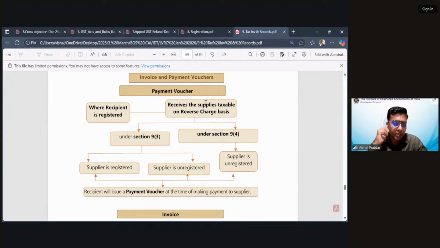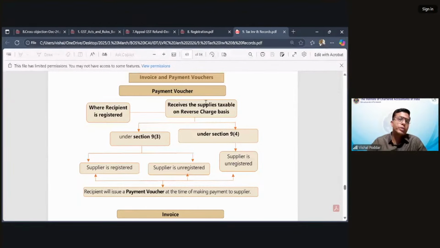Wherever the supplier is a registered person, the supplier will give me an invoice. I don't have to make a self invoice. But if my supplier is unregistered, the supplier will not issue me any invoice. But I need to have an invoice because this transaction is attracting tax under RCM, and this has to be reported through an invoice. Only then I can get ITC.